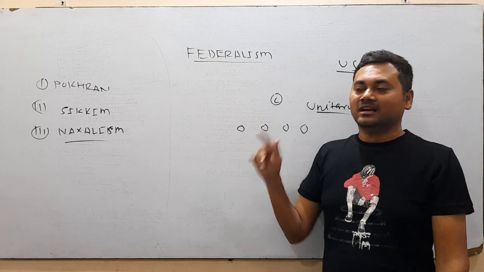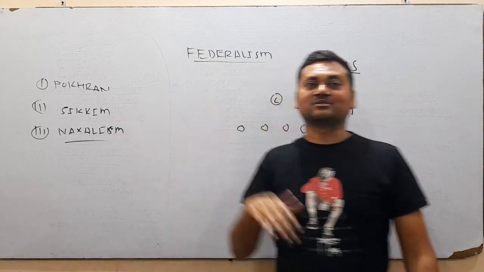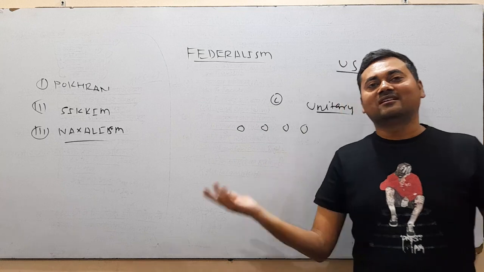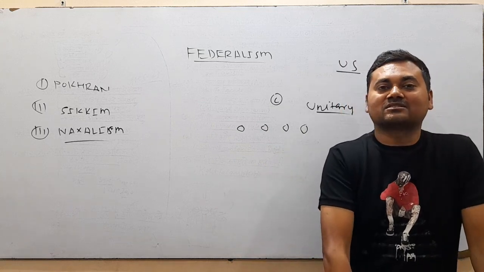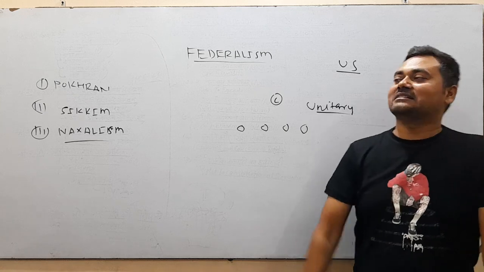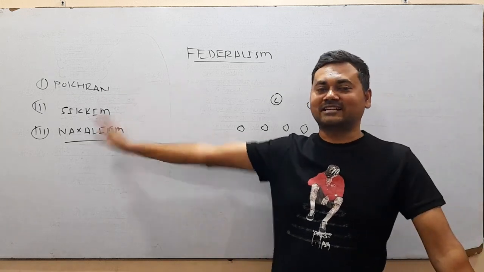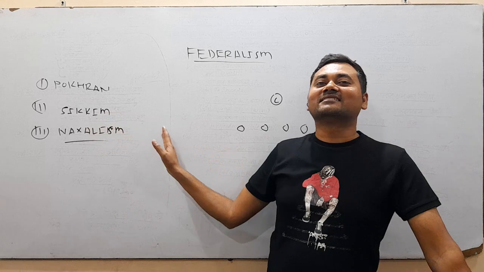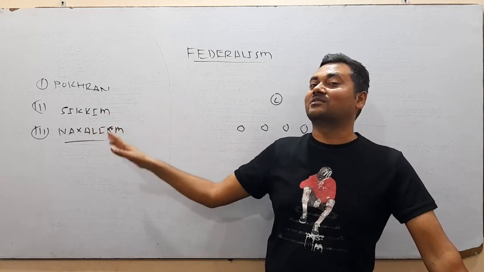The second condition is related to Sikkim. Sikkim wants to amend its textbooks, school books, because this matter is given in the state list. That's why the central government's suggestion will not work.